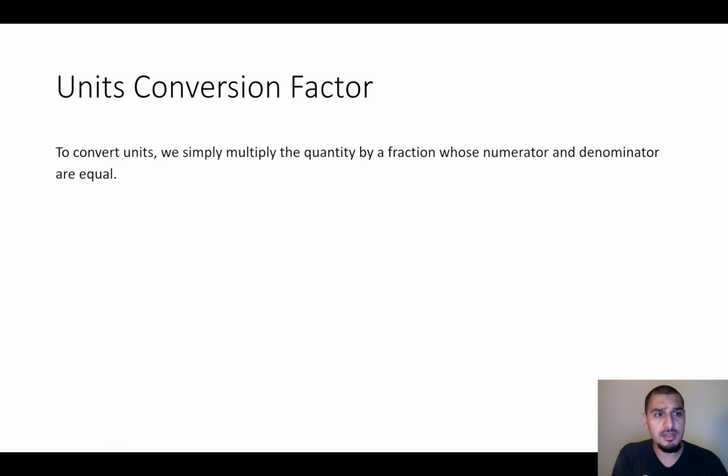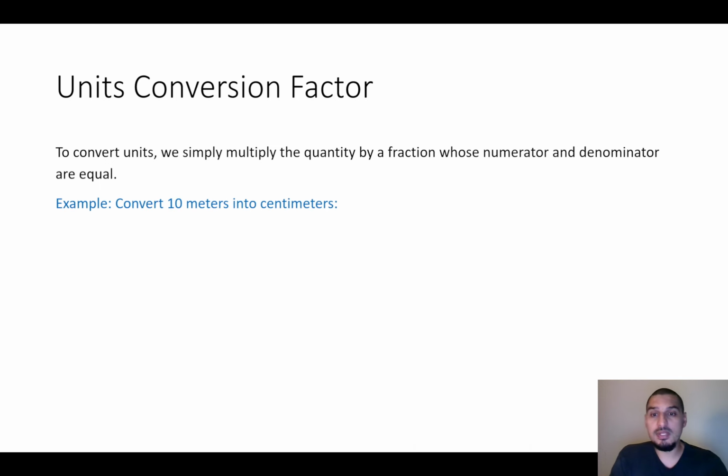The main idea here is that it's multiplying by a ratio of two equal things. You have to understand that these two numbers, the numerator and denominator, are equal, or the quantities are equal, and this is, as I said, the main point.